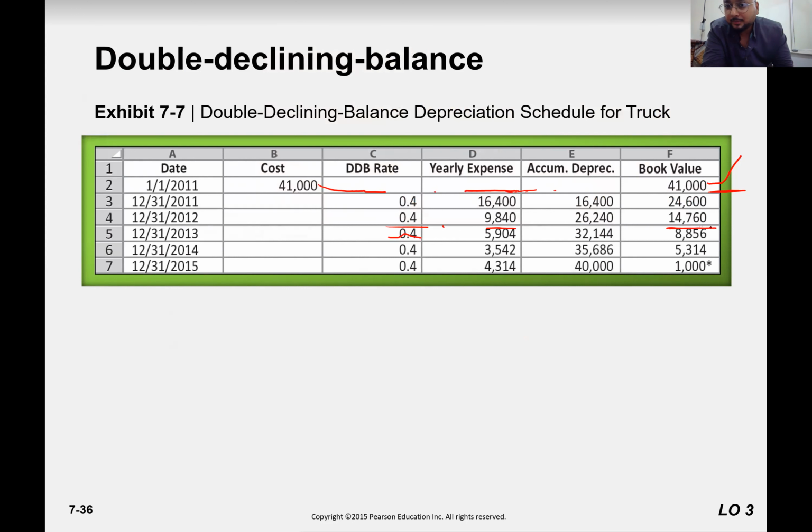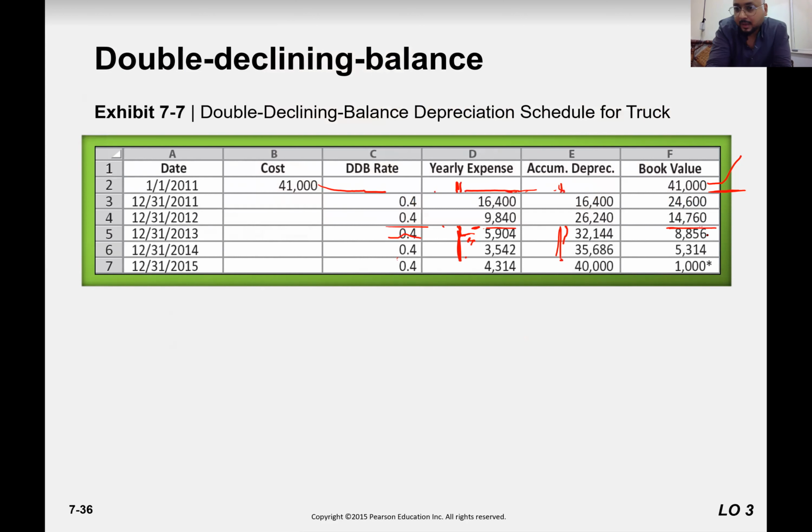You see, in early years, the depreciation is highest. Oh, sorry, that is accumulated depreciation. Here, 16,400, and then 9,000, and then 5,000, and then 3,000. Right? Now, do the math here.